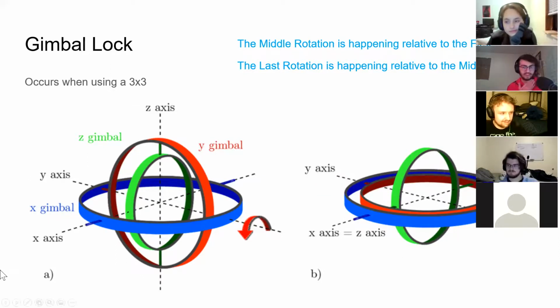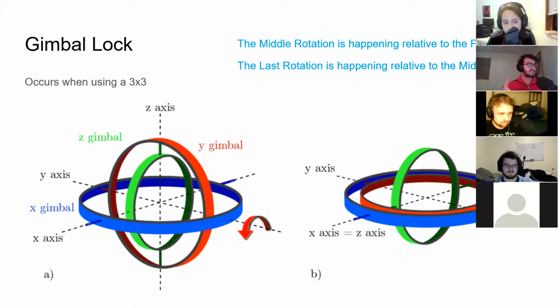So this is a kind of nice image representation of it. But essentially what's happening is that because you're multiplying them in a certain order, one of the axes of rotation will get locked in with another. So the center rotation here, the one in red, the Y gimbal, is happening relative to the first.